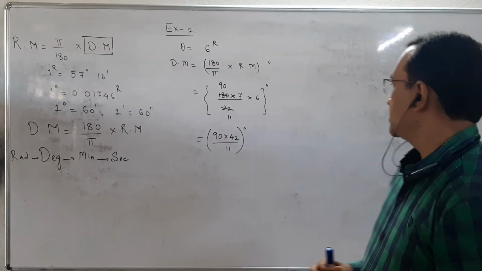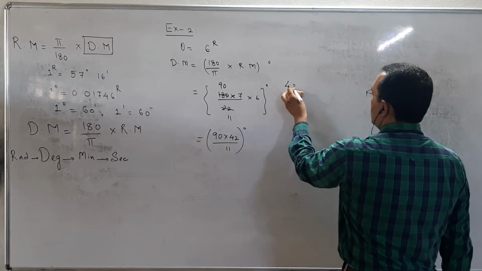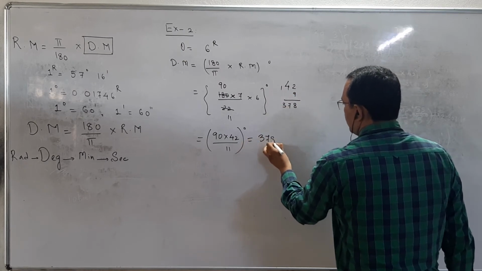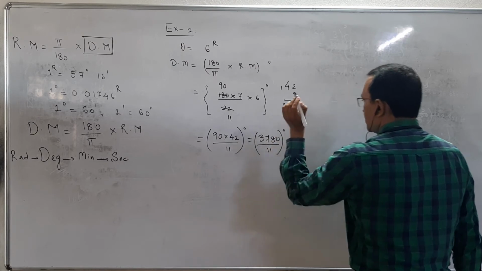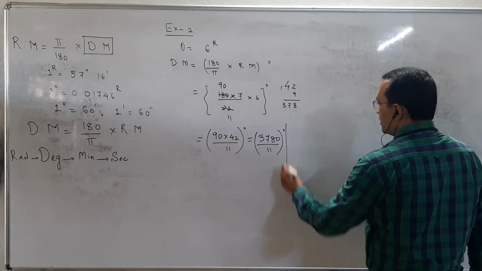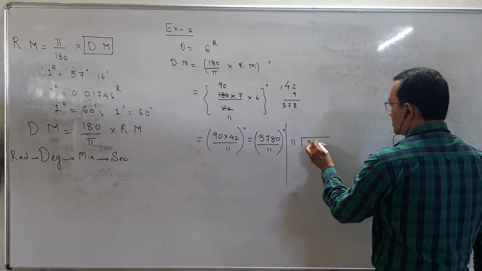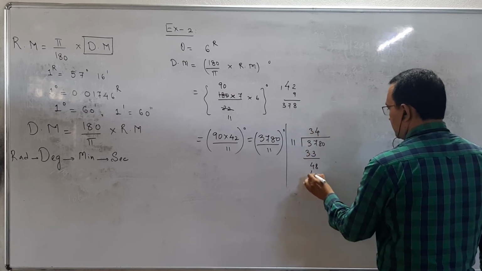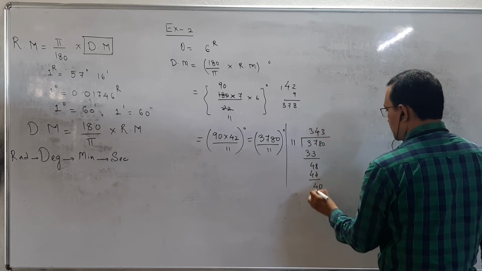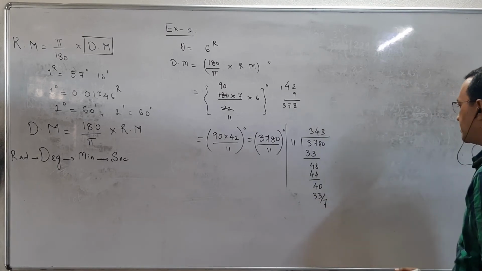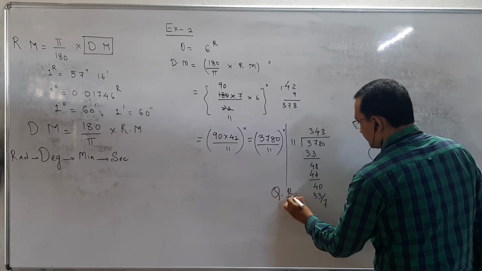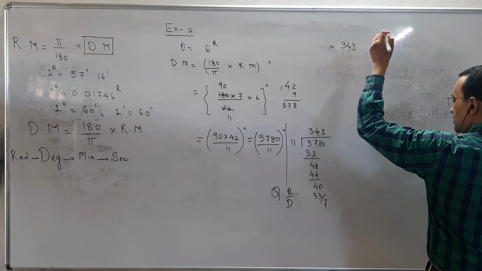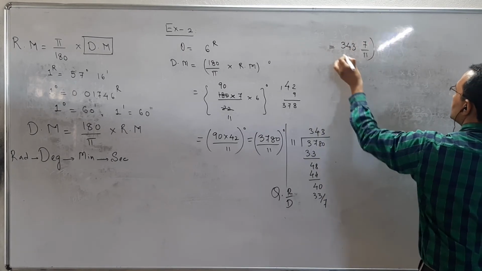Now, students, if I multiply first 42 into 9, 2 nines are 18, 9 fours are 36, and 37. So this is 3780 upon 11 degrees. Execute formal division and write the fraction in the form of a mixed fraction. 11 threes are 33, 11 fours are 44, 11 threes are 33. So the remainder is 7. Write it in the form of Q R by D. So our quotient is 343 and 7 upon 11 degrees.